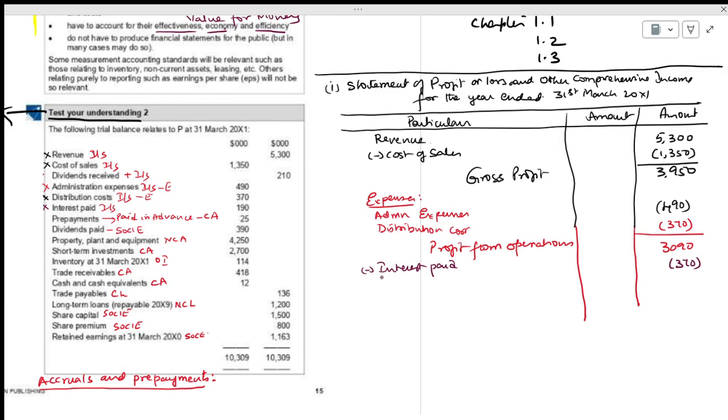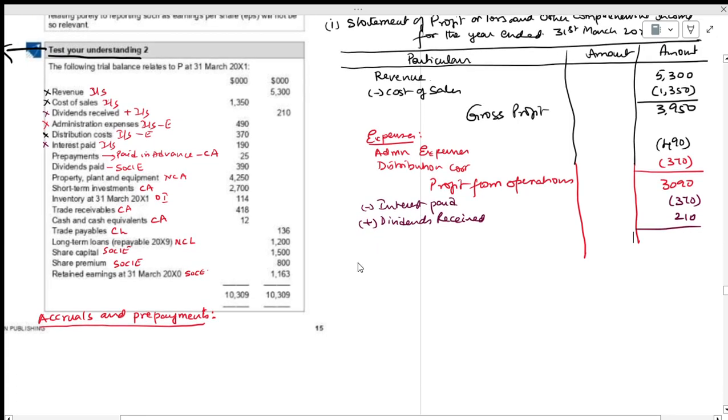Third one, dividend received. Add dividends received. How much is the dividend received? 210. Total how much? See, on the total income you will pay tax.